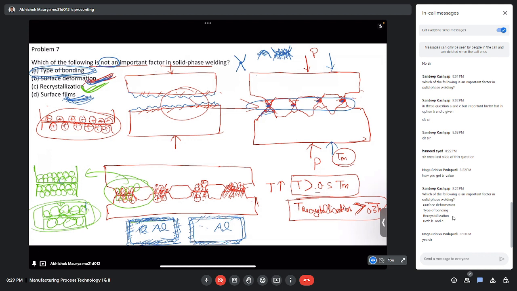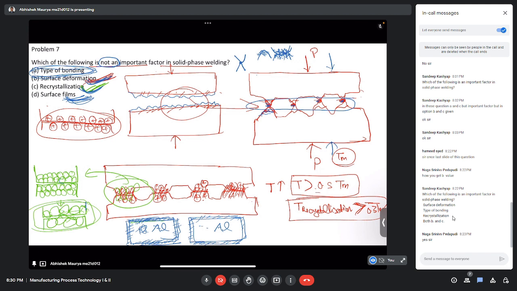And if after recrystallization the size of grains becomes smaller, then the strength of the weld will increase. So recrystallization of grains is going to change the size of the grains in the bonding region, and that will affect the strength of the welded portion.